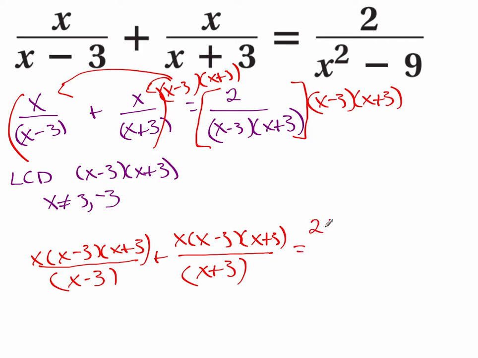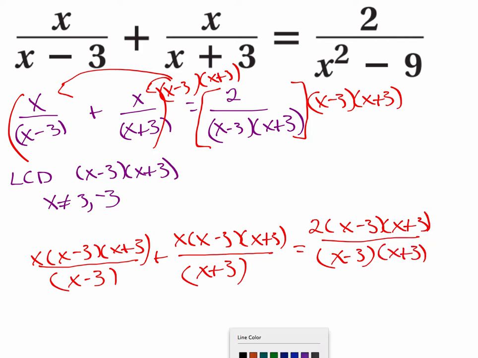And this is 2 times (x minus 3) times (x plus 3), divided by (x minus 3) times (x plus 3). All right, now let's see what simplifies. I can get rid of the (x minus 3)(x plus 3) in both of these.